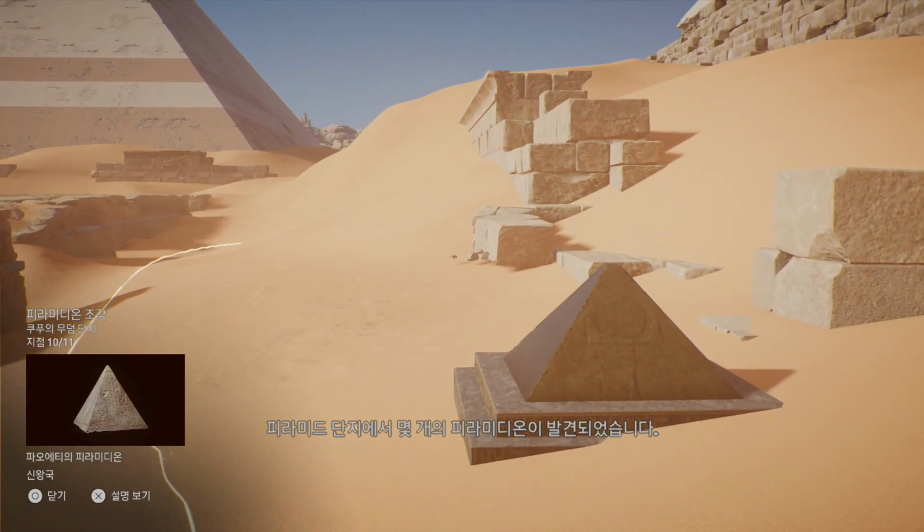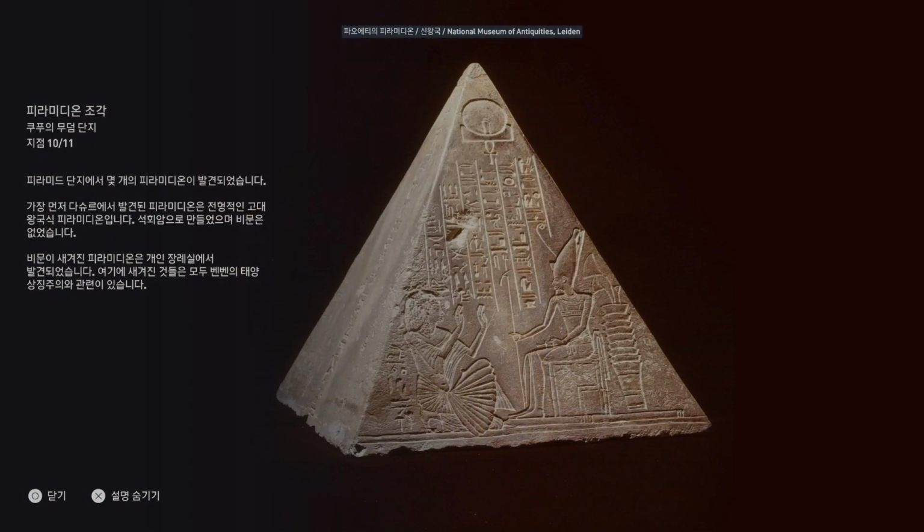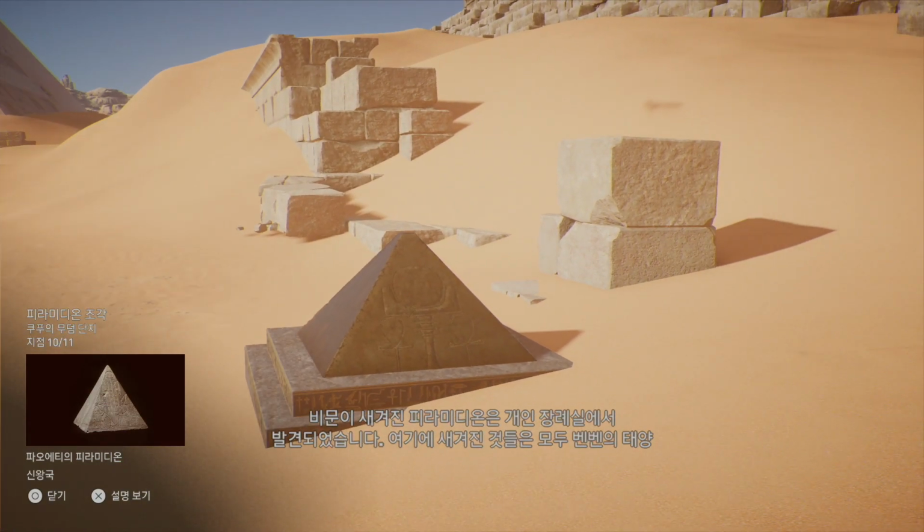A few pyramidia have been retrieved from pyramidal complexes. The earliest, found in Dashur, is undoubtedly a good example of Old Kingdom's pyramidia. It is made of limestone and has no inscriptions. Some engraved pyramidia were recovered from private funerary chapels.